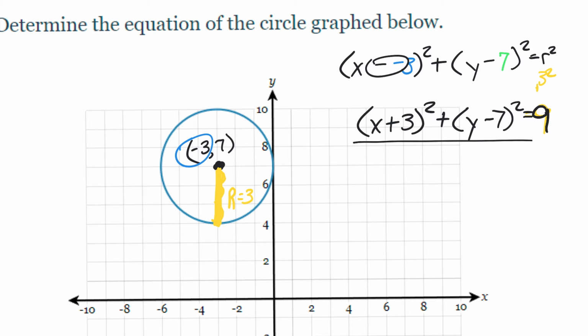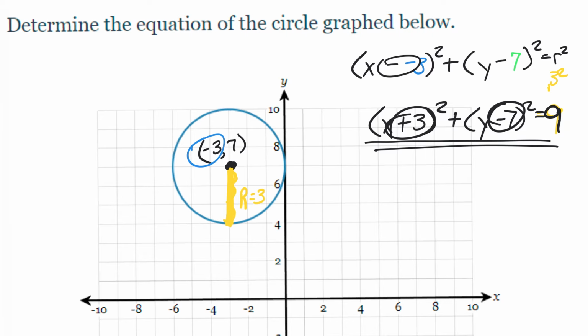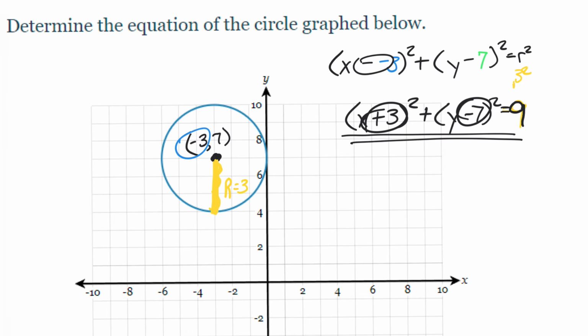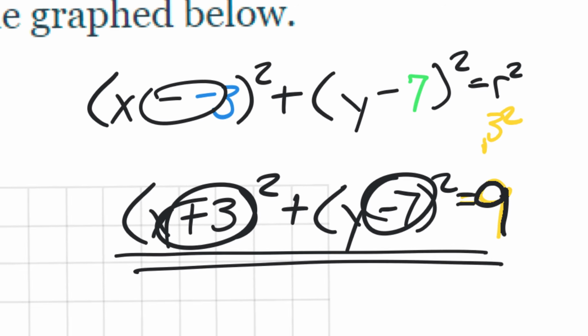So the equation of this circle is (x plus 3) squared plus (y minus 7) squared equals 9. And we can also take an equation and construct a circle as well, because we would know where the center is based on our coordinates, and we would know the radius because all we would need to do is square root our value on the outside.